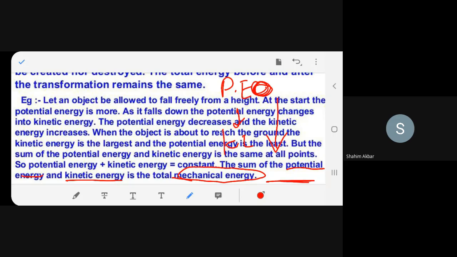At the bottom, the kinetic energy is the maximum. You agree? Over here, the kinetic energy is zero and potential energy is mgh. You understood? And in this case, at the bottom here, kinetic energy is half mv square, remember? And the potential energy is zero. Agree?